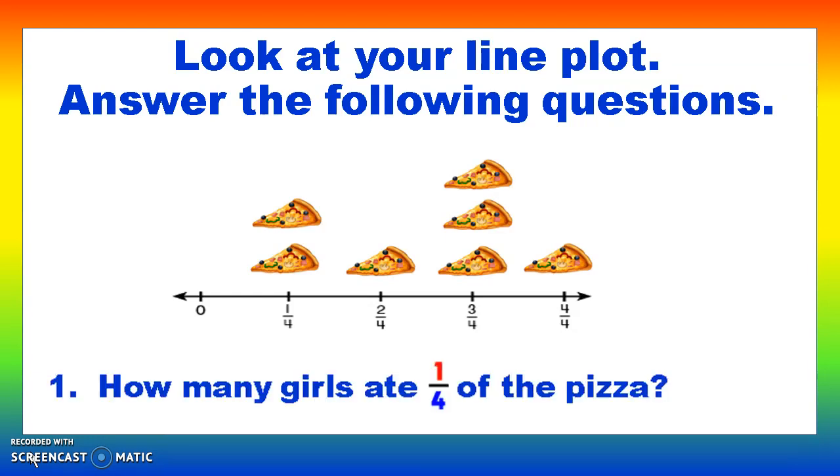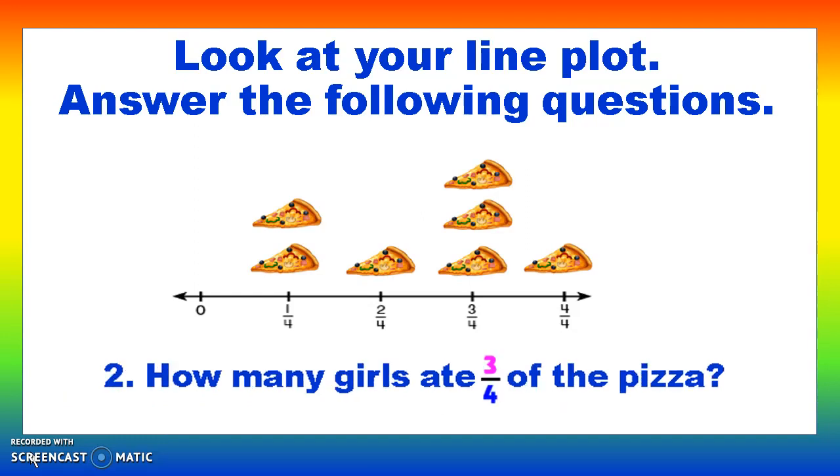How many girls ate 1/4 of a pizza? Look at 1/4. Can you see how many? Correct. 2 girls ate 1/4 of the pizza. How many girls ate 3/4 of the pizza? Look at 3/4.